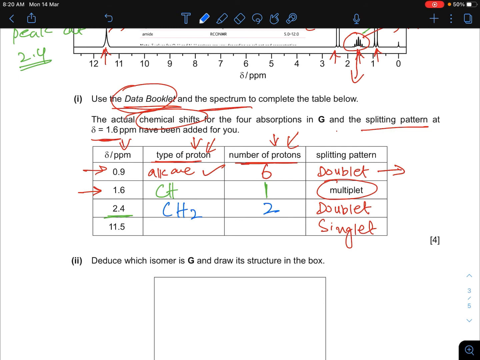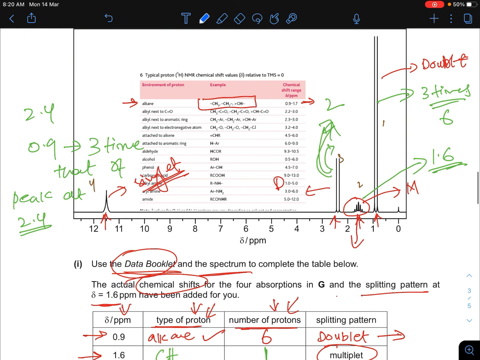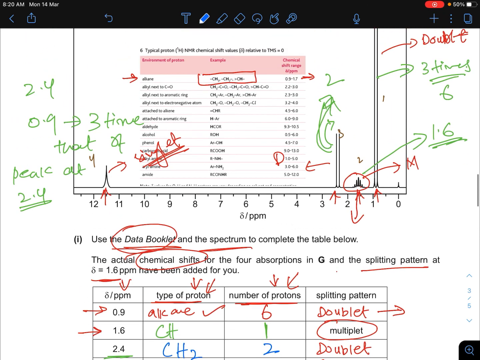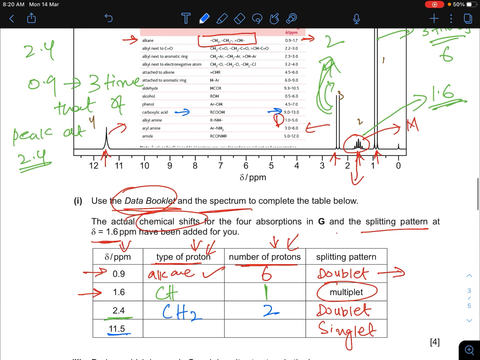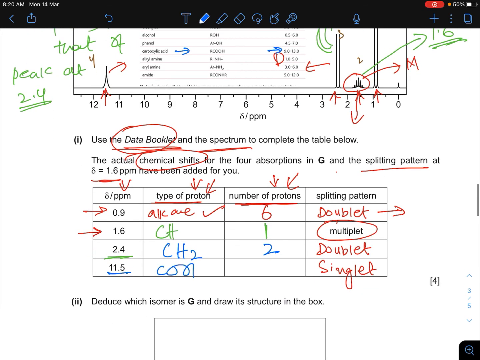And then finally we have a peak at 11.5, which would be due to the carboxylic acid. If you look into the table, the peak range is 9 to 13. So 11.5 comes in that range, so it is due to the carboxylic acid, or COOH. Number of protons responsible: 1.